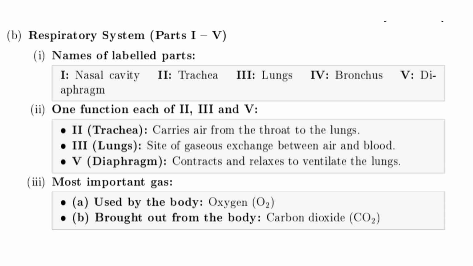III, which I said was the bronchioles, serves as a passageway for air to go to the lungs also. If not, then I'm also wrong. Then V, the diaphragm, contracts and relaxes to ventilate the lungs. The most important gas used by the body is oxygen, and the gas brought out of the body is carbon dioxide.